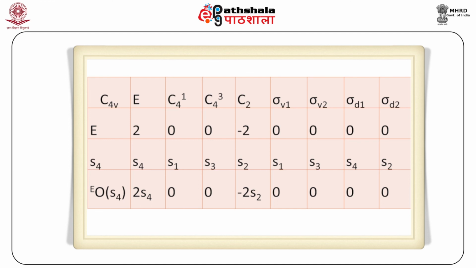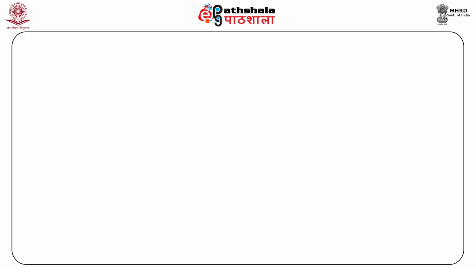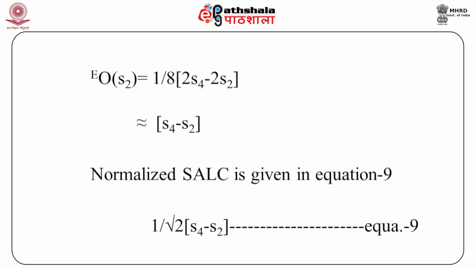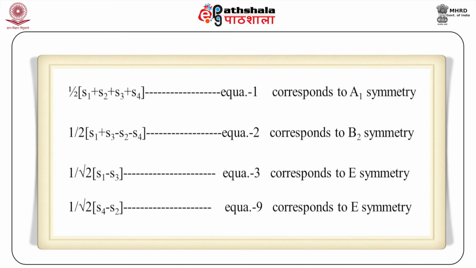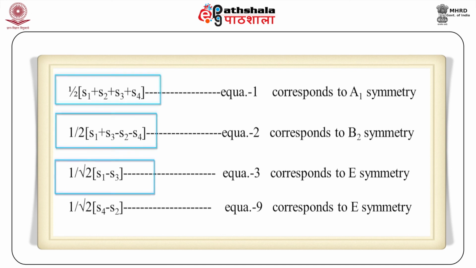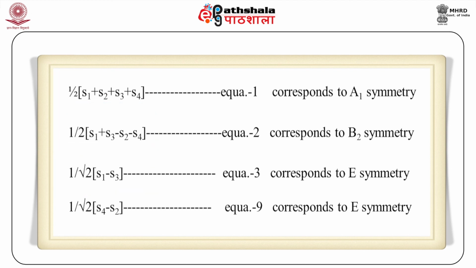Just completing the whole procedure, the normalized SALC is given by equation 9, 1 upon under root 2 S4 minus S2. So, the SALCs given by equations 1, 2, 3, 5 are different.